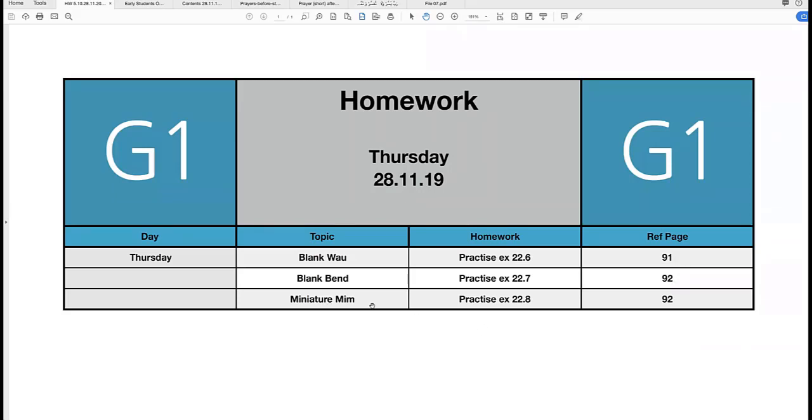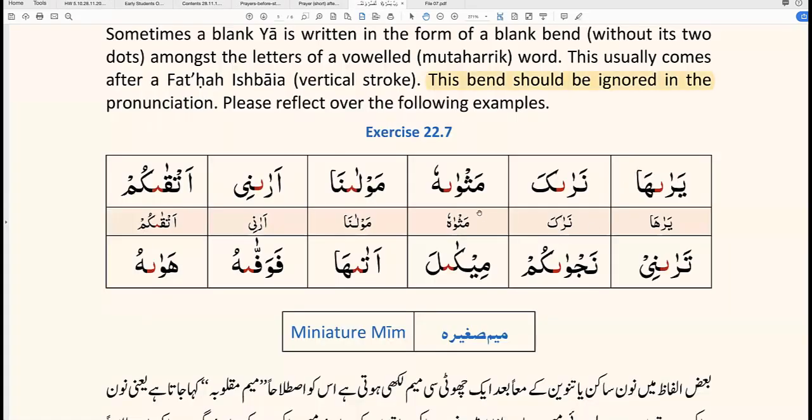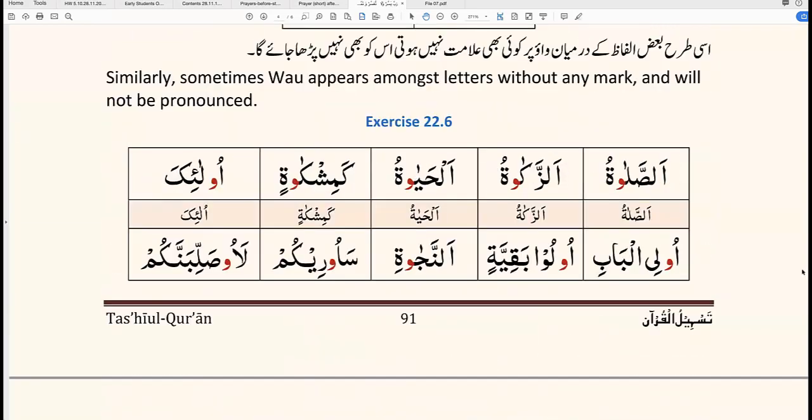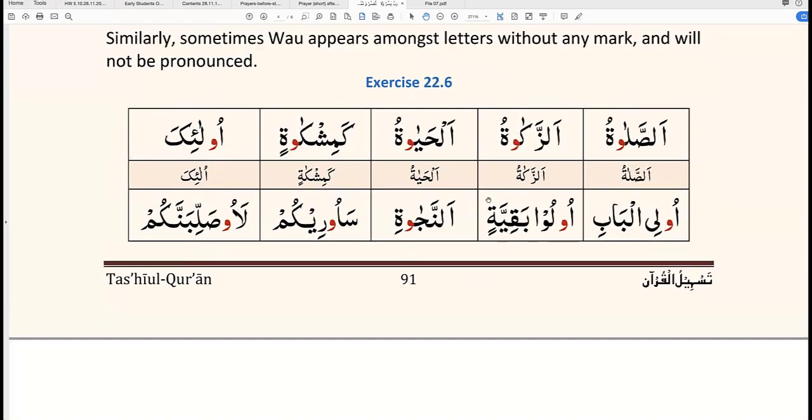We will cover that another day. So just the exercises on blank wow and blank bend. And I'll remind you again in the lesson, this is the one for the blank bend, exercise 22.7, and exercise 22.6 is here. Make sure you pay attention to all of the rules and read the words slowly by applying all the rules. Okay, so we have come to the end of our class.